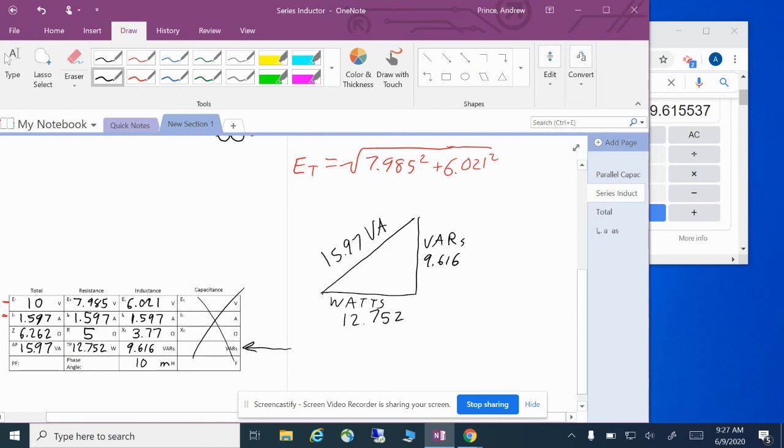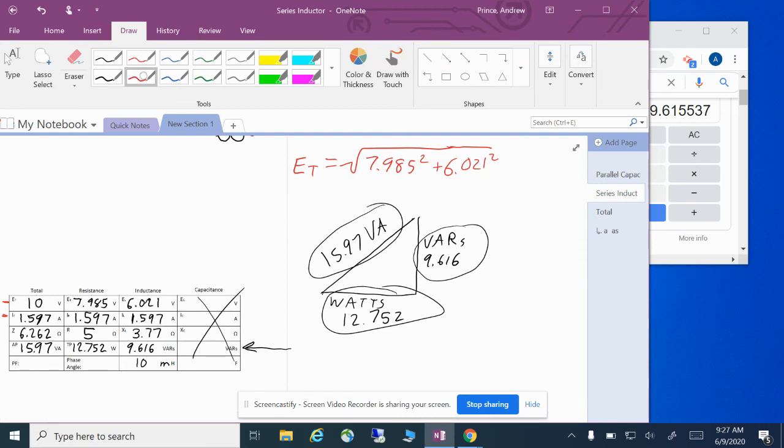So I could solve this any which way I wanted using the volt amps or the watts and just solve for a missing value. And as long as it works out, other than a couple rounding errors, to get the same number, then you should be fine checking your work with that method.